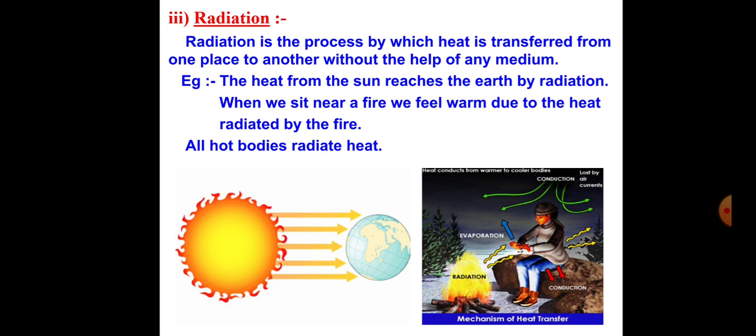The best example of radiation of heat is the heat coming from the sun and reaching the earth. This process of heat reaching the earth from the sun is called radiation. All hot bodies radiate heat.